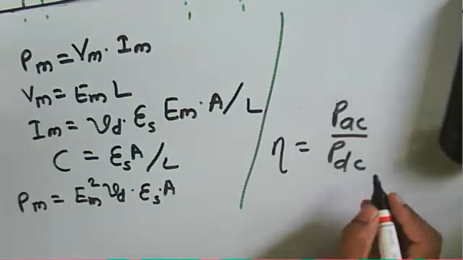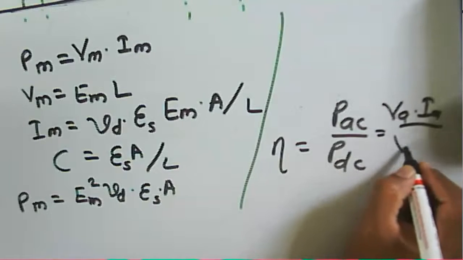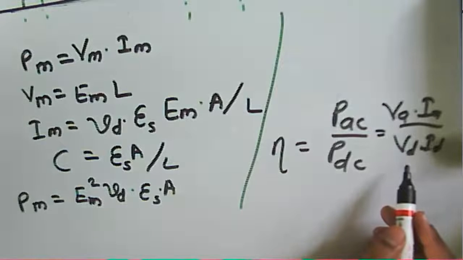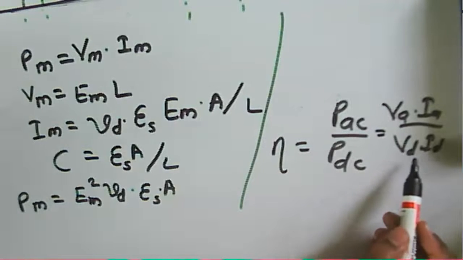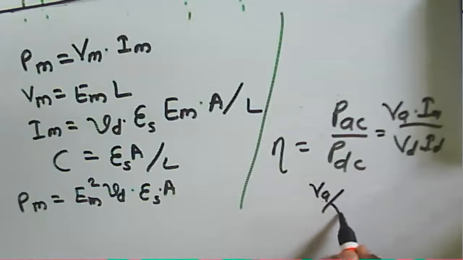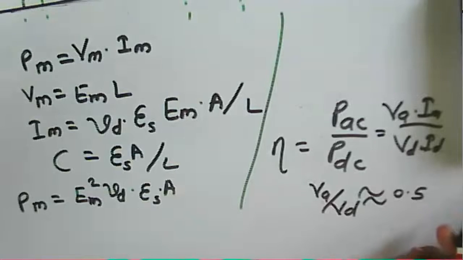And that PAC is nothing but whatever voltage and current we have, what will be the VD, ID. Generally, for the read diode, the ratio VA by VD is approximately equal to 0.5.